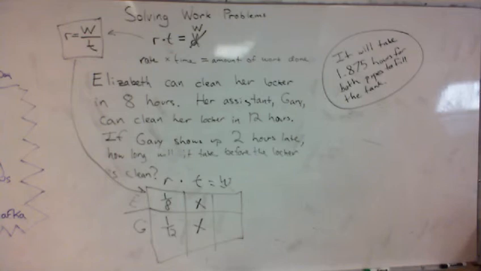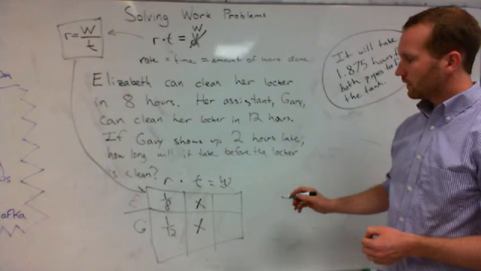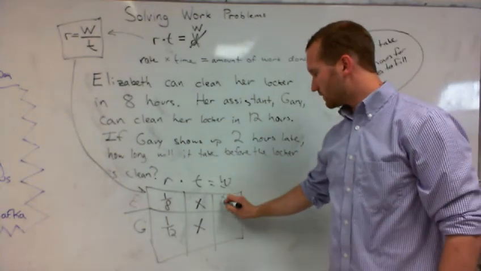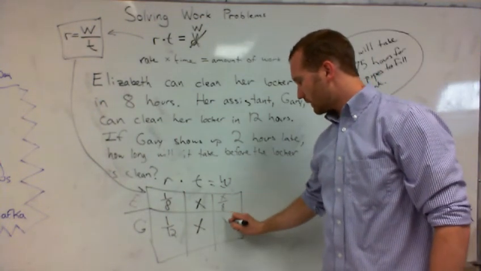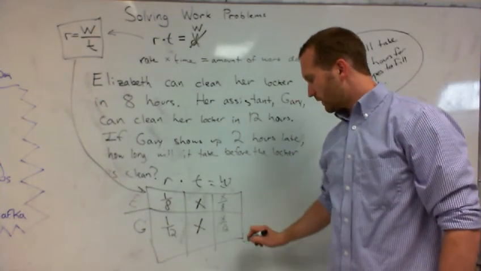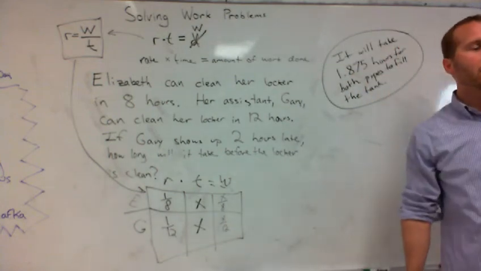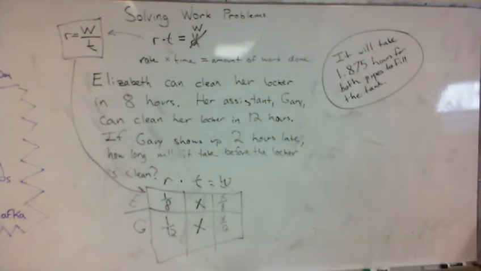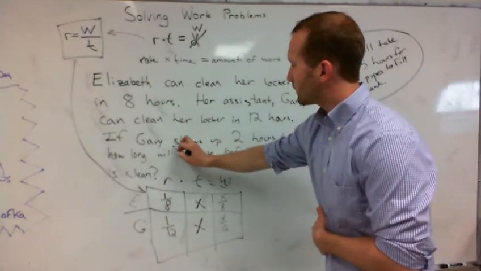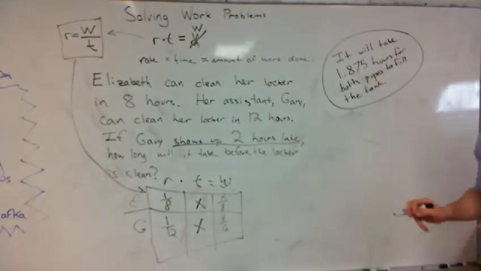It's just the total amount of time that they're working. And then the amount of work done, we'll do the same thing: x over 8, x over 12 plus 2. And now when we set up our equation, we're going to take into consideration this part: Gary shows up 2 hours late.